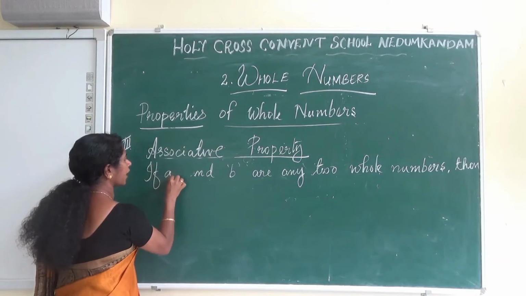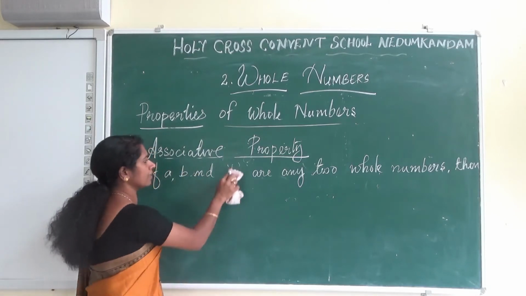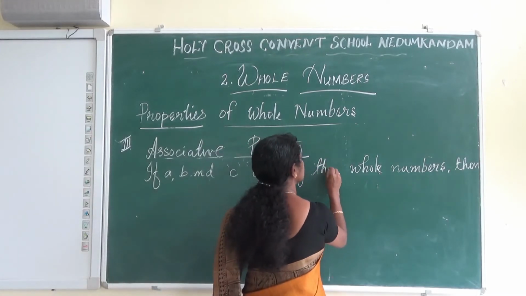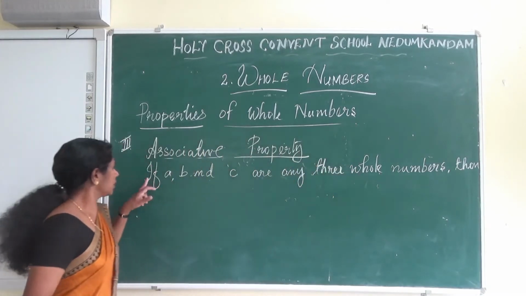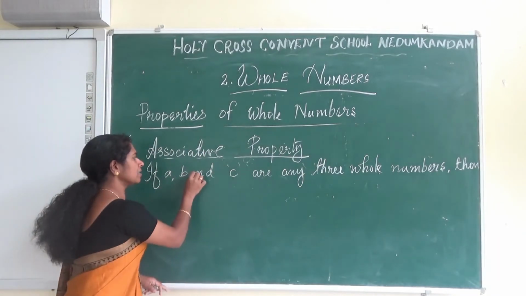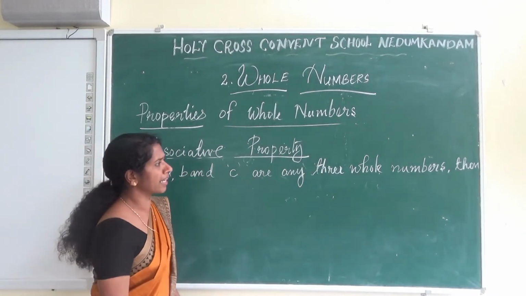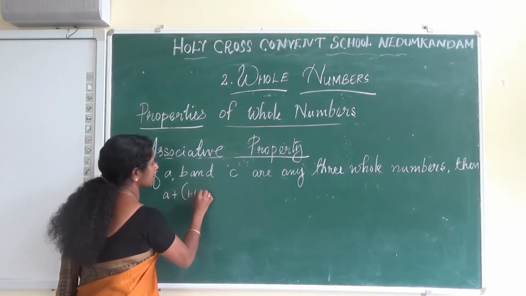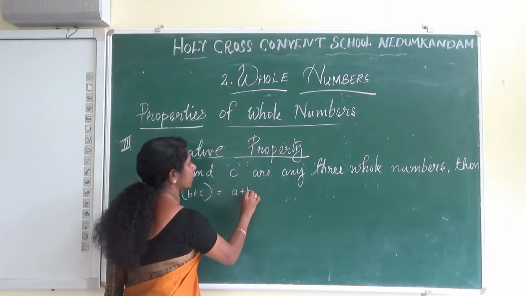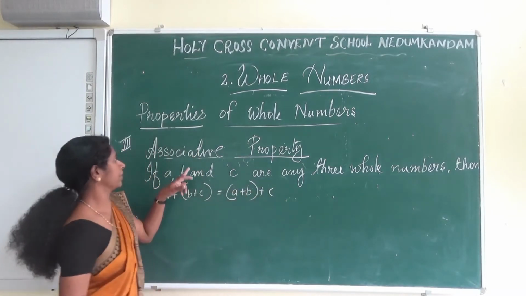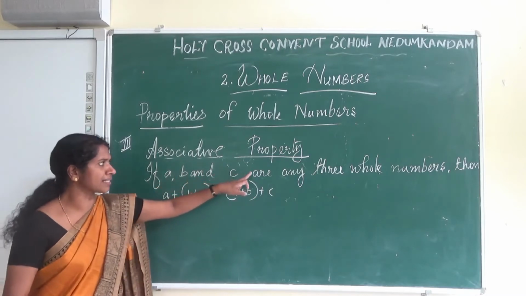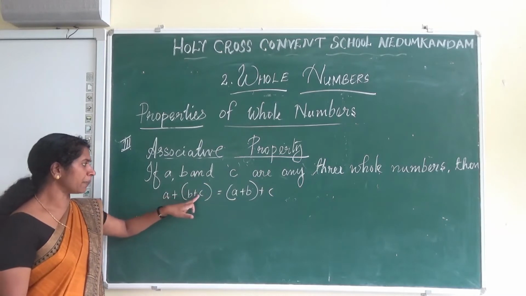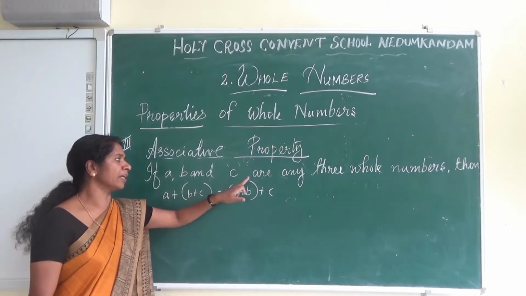If A, B and C are any three whole numbers, then (A + B) + C is equal to A + (B + C).